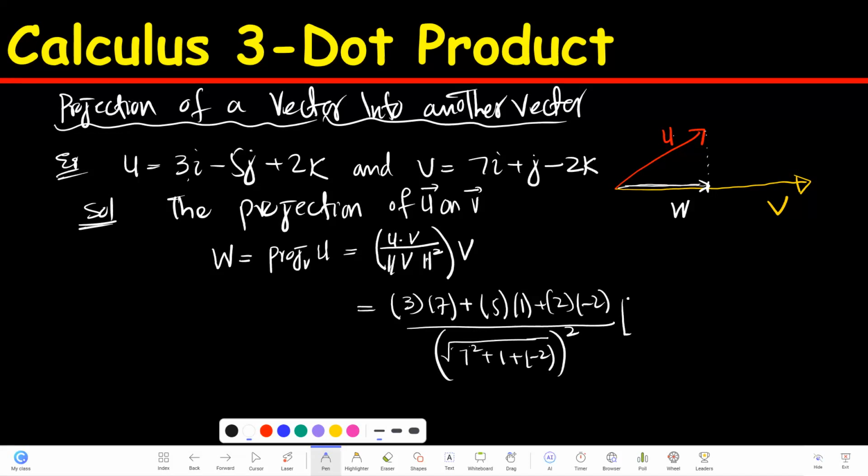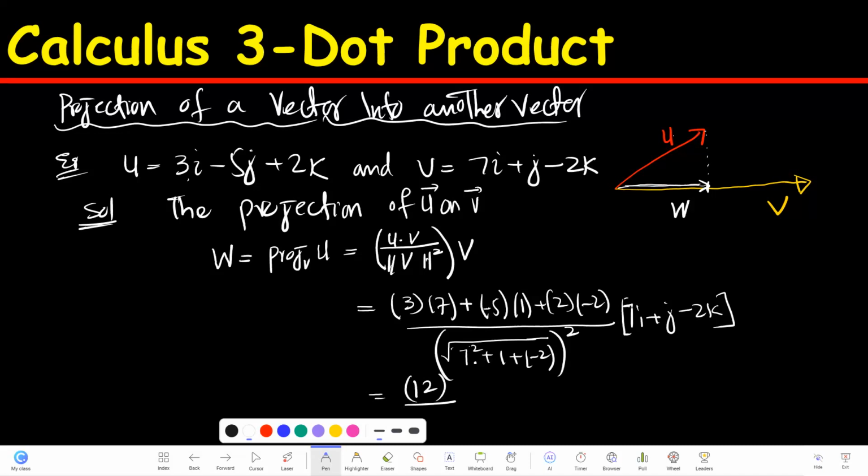And here I'm going to write vector V, which is 7i plus j minus 2k. If I solve this, it's going to be 21 minus 5, which is 16, and 16 minus 4 is 12.